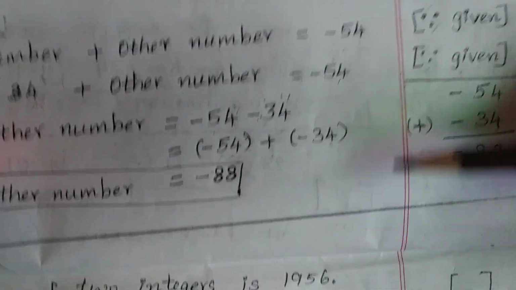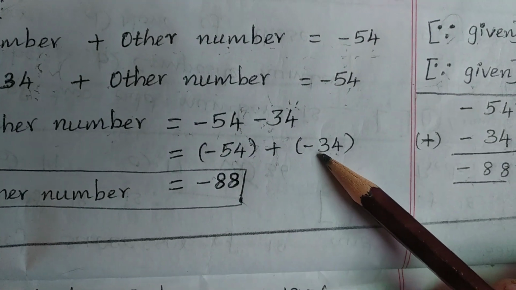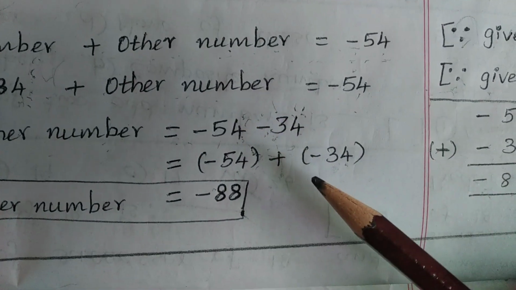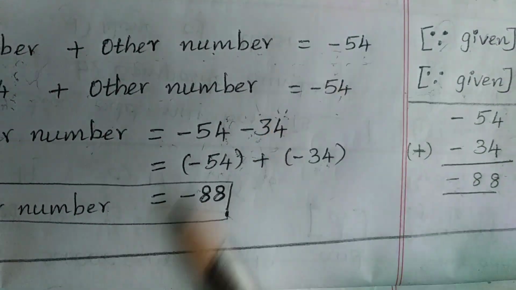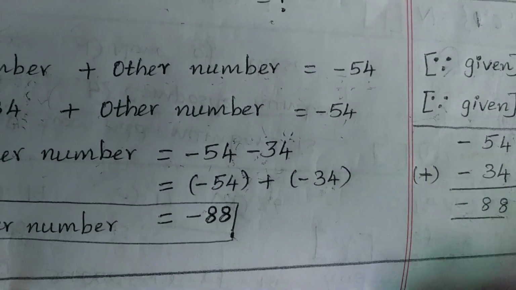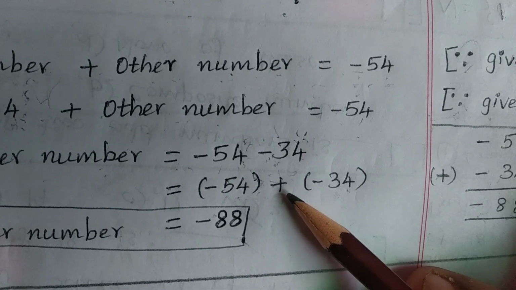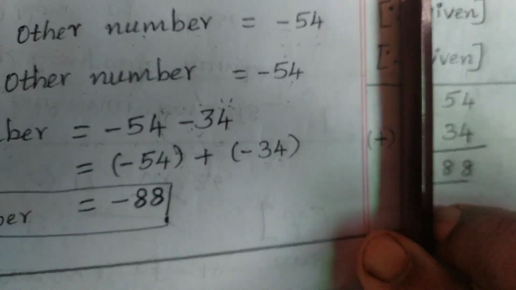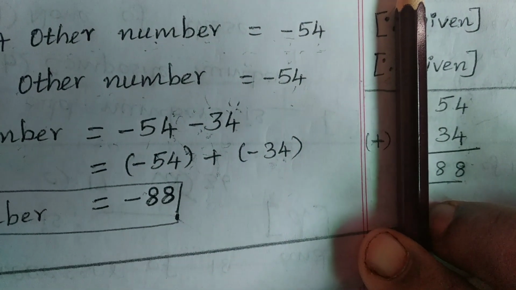So, to add two losses, it is enough to add how much the loss is totally. Which means, to add minus 54 and minus 34, it is enough to add 54 and 34, get the value.